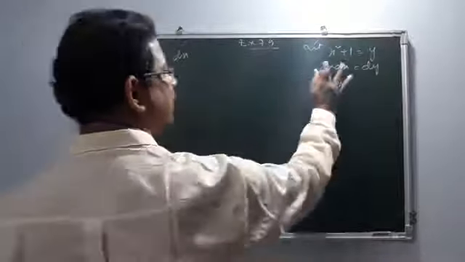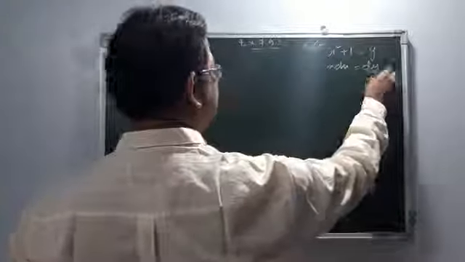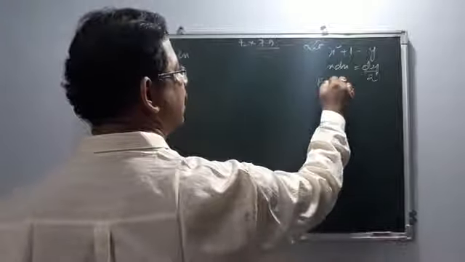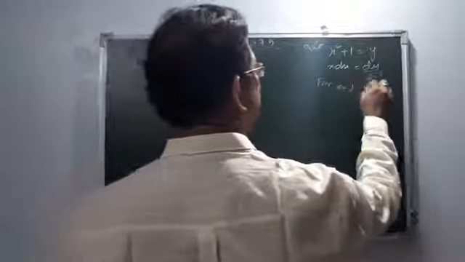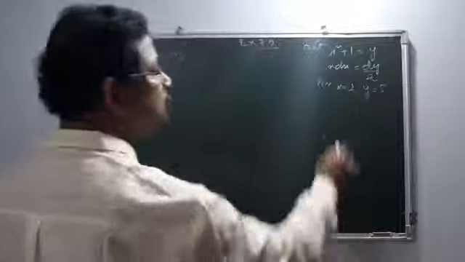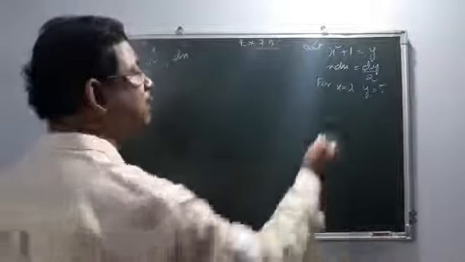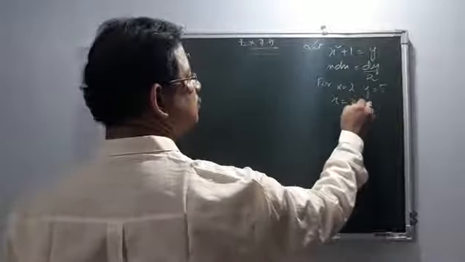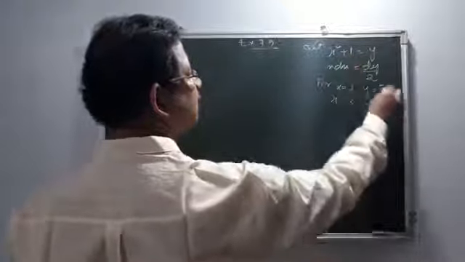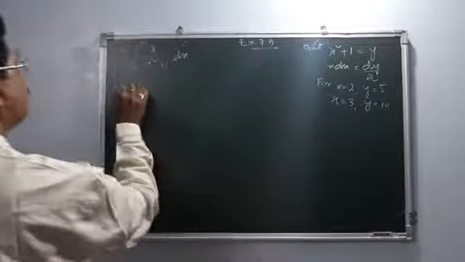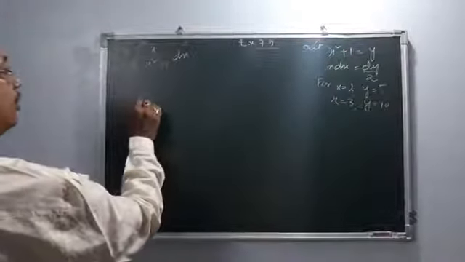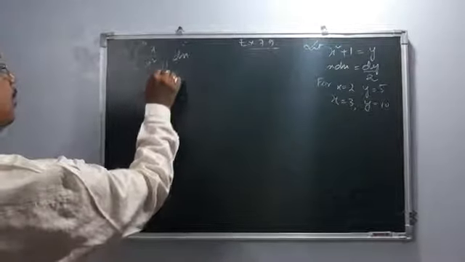So x dx can be written as dy by 2. For x equal to 2 we get y as 5, since 2 square is 4, 4 plus 1 is 5. And for x equal to 3, 3 threes are 9, plus 1 is 10. So the limit is from 5 to 10.